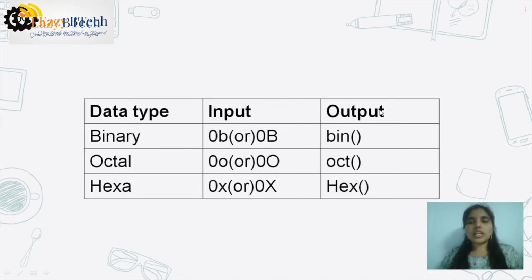If you want to generate output in binary format, you have to use the predefined function bin. If you want to give input number as octal, you have to give 0O or 0o at the start.